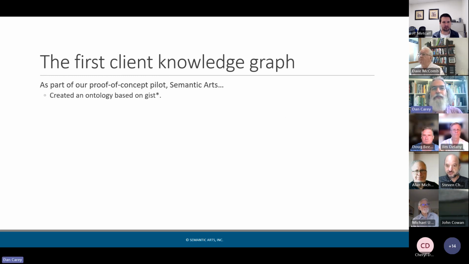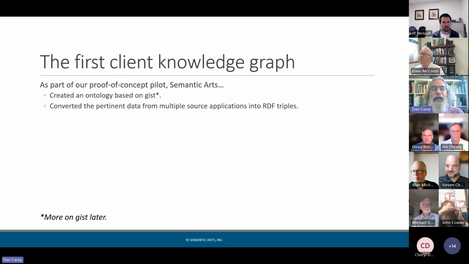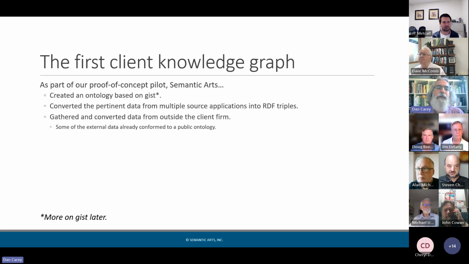So the first knowledge graph that we put together is our pilot. We went in and we created an ontology that's based on gist, which everybody here has kind of heard of. We converted some pertinent data from multiple different applications, multiple different databases, and put those into RDF triples. We also brought in some data from outside the firm and converted that into triples.